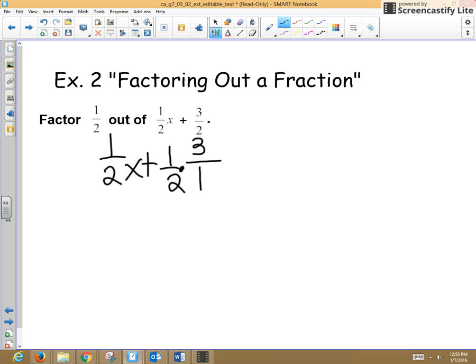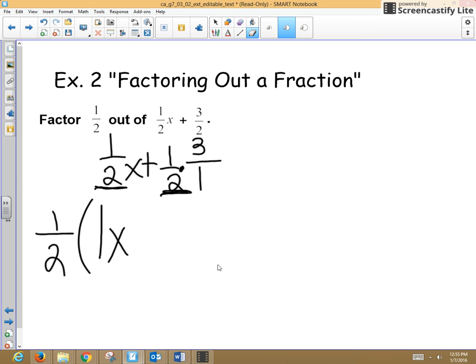So what I'm doing is I separated out the 1/2 from 3 over 2. And the 1/2 is very visible from 1/2 x. So now let's take out the 1/2. Okay, I factor it out, put the parentheses there. 1/2 goes into 1/2 x one time, with the x left over.